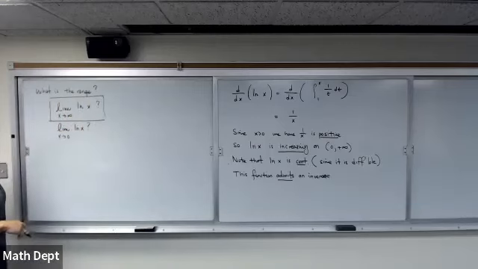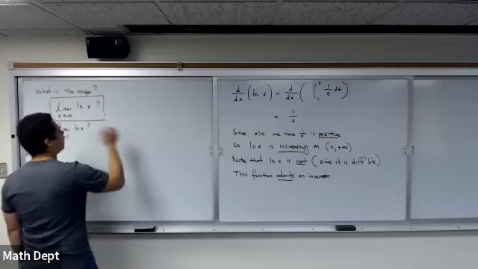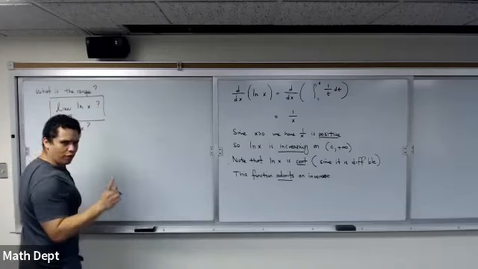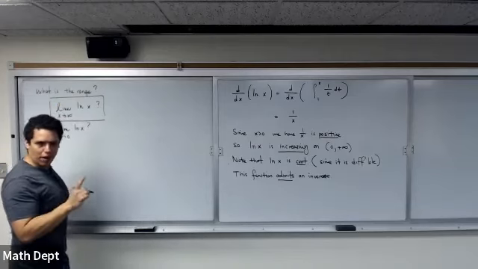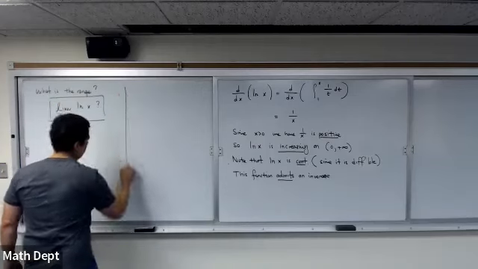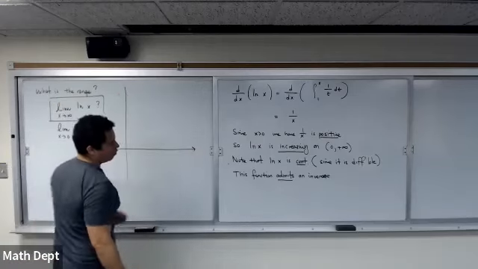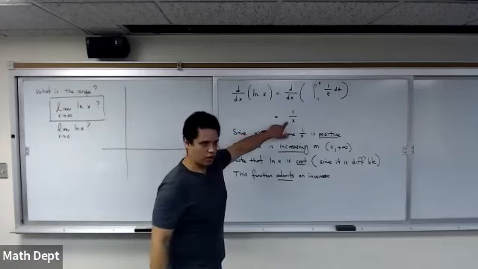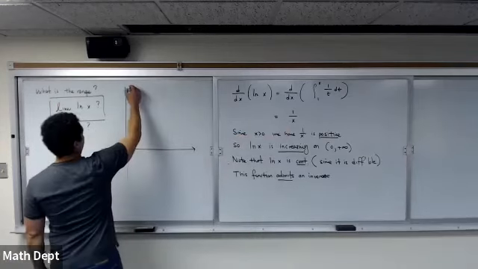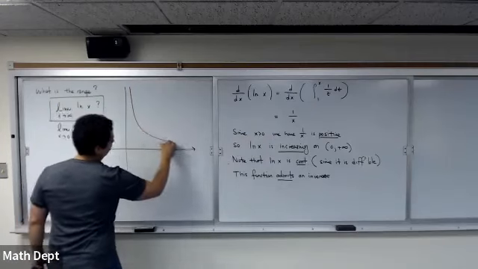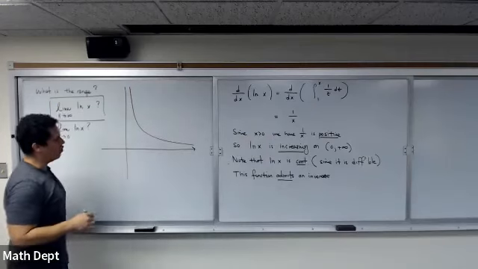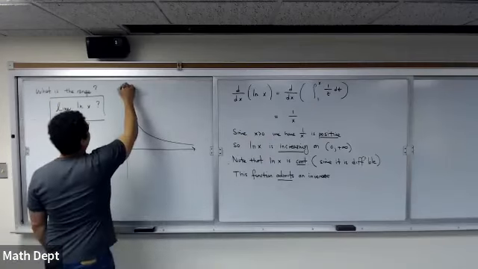Let's try to examine it. And if we look carefully, we have the following. Actually, I'll even try to graph it to make it a little bit more appealing. But the only thing that I have at my disposal is to graph its derivative. It's a portion of a hyperbola, right?